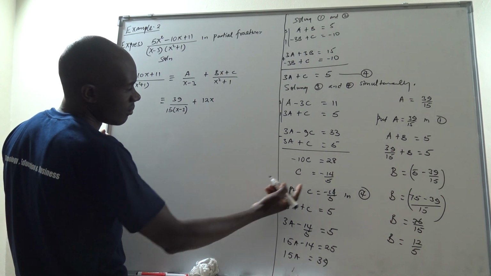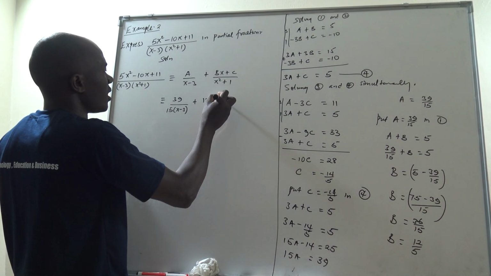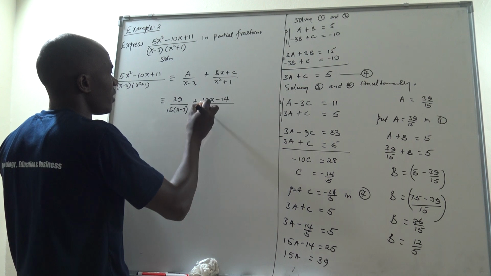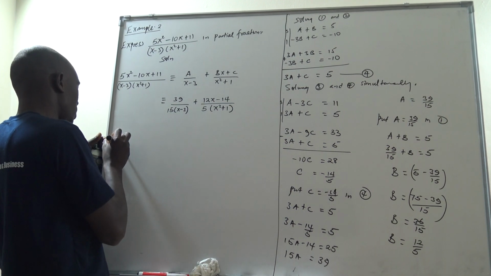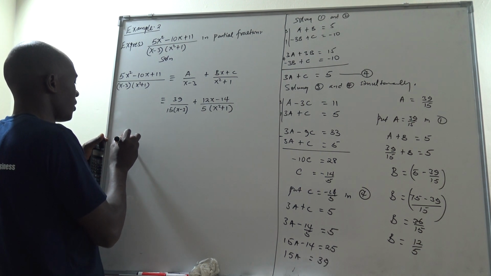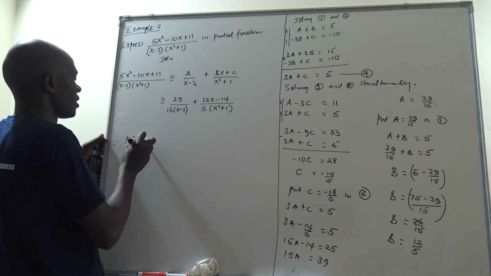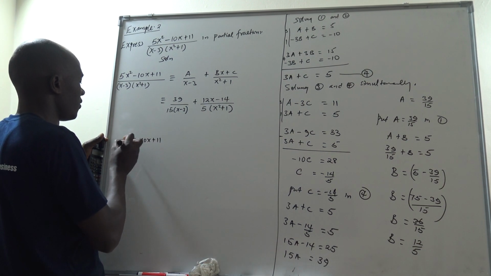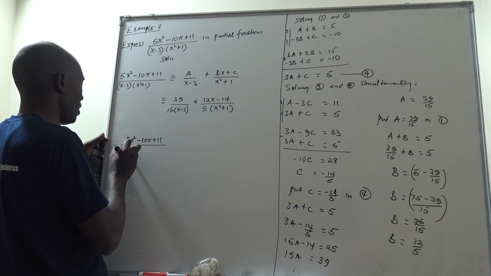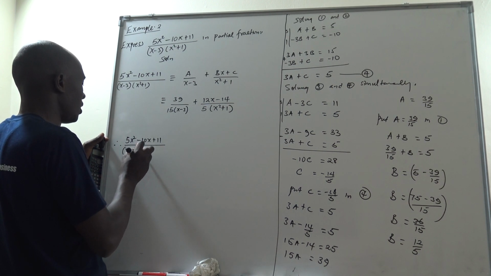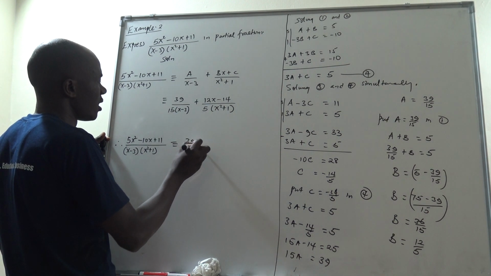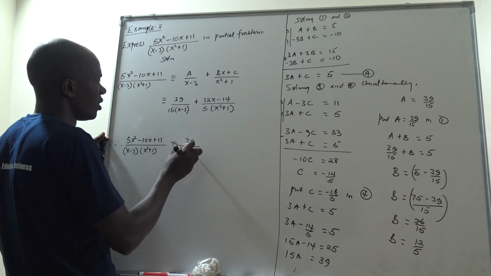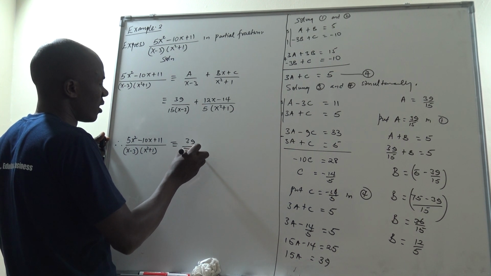And see, all of them have the same denominator. We say minus 14 all over 5 into x squared plus 1. So therefore, 5x squared minus 10x plus 11 all over x minus 3 into x squared plus 1 is the same as 39 out of 15 into x minus 3.